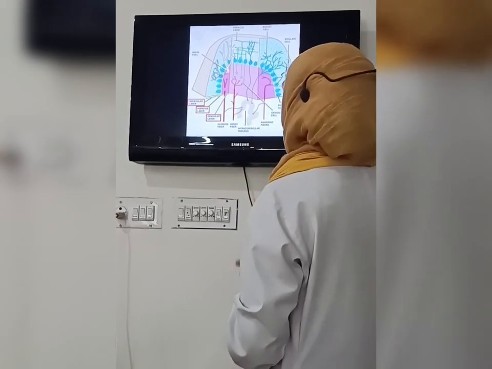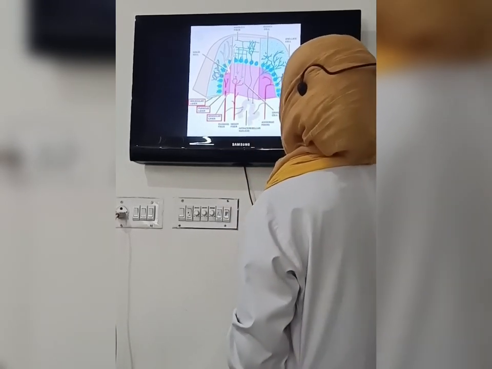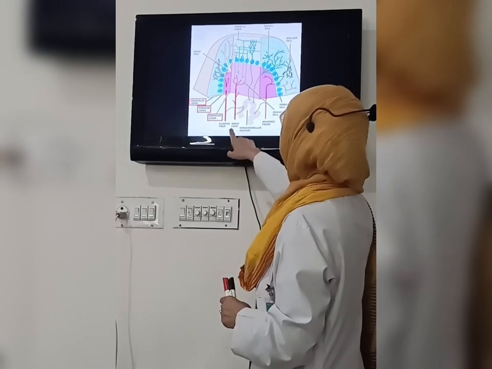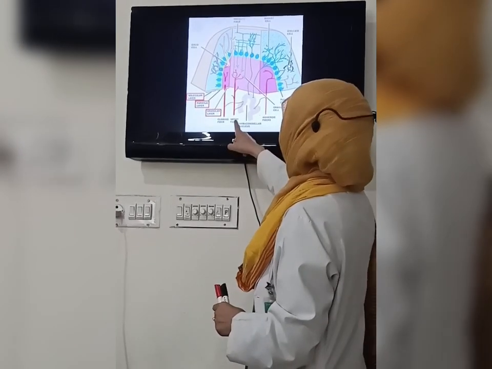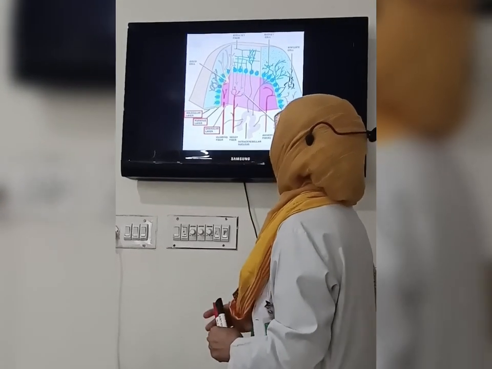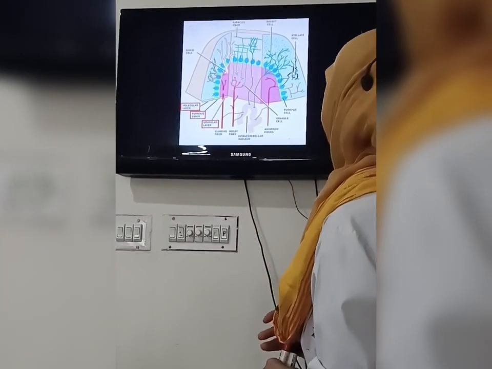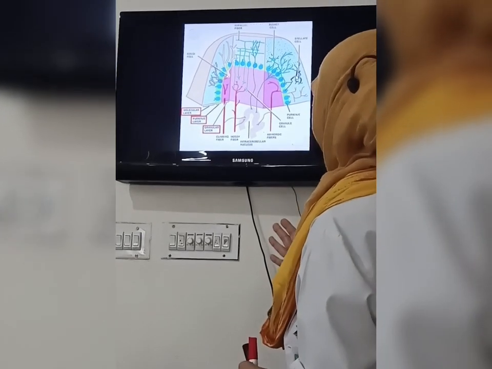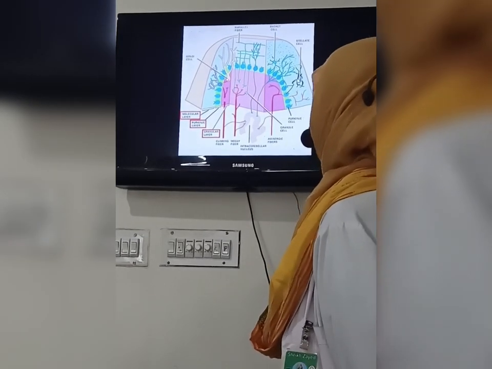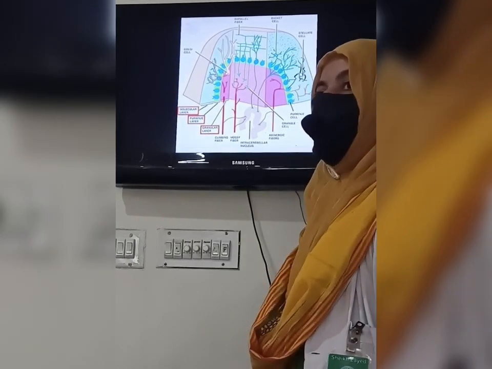Okay. In addition to this, you may observe there are various fibers that are commonly called the mossy fibers and the climbing fibers. The mossy fibers and climbing fibers are coming from other areas of the brain.